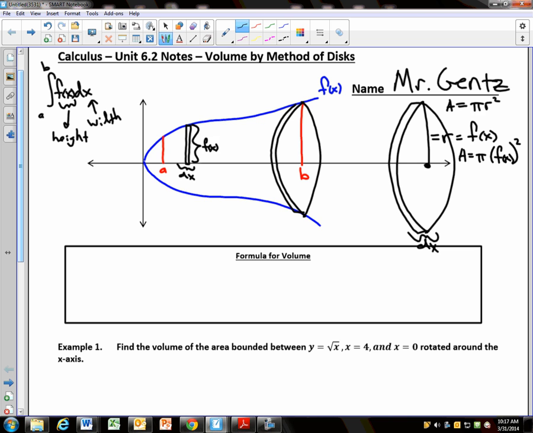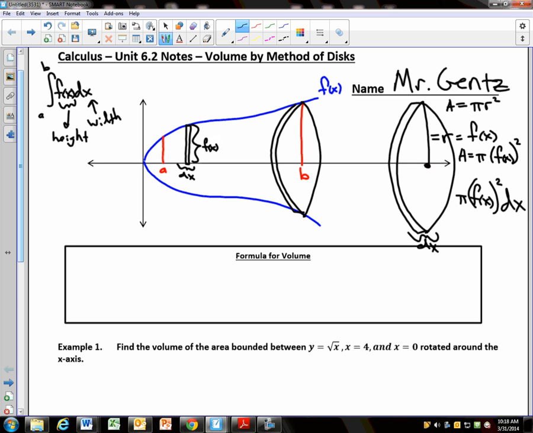If you can see here, we've just found the volume of this quarter type piece, or a disc. The disc is pi times f of x, that quantity, squared, and then we multiply by dx, and that's the volume.